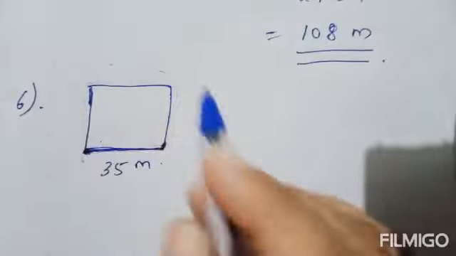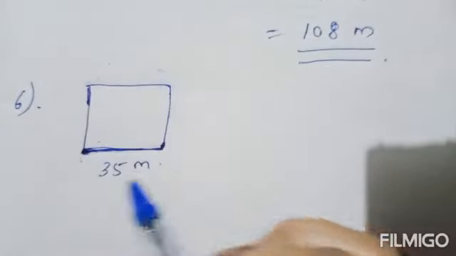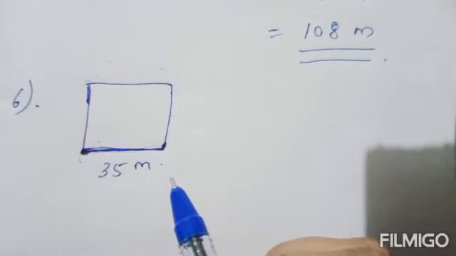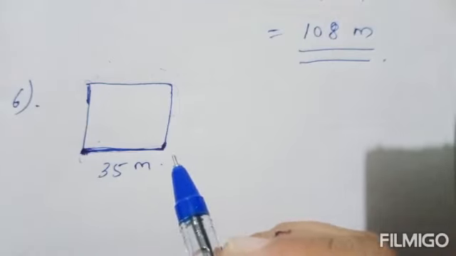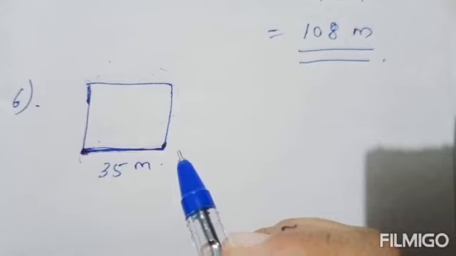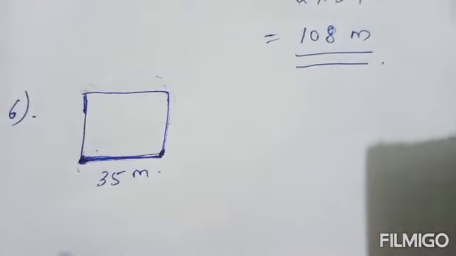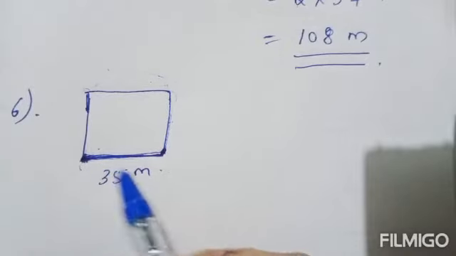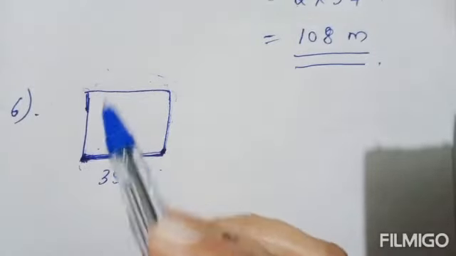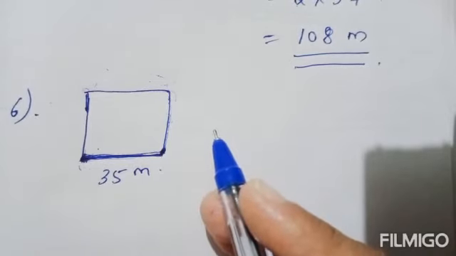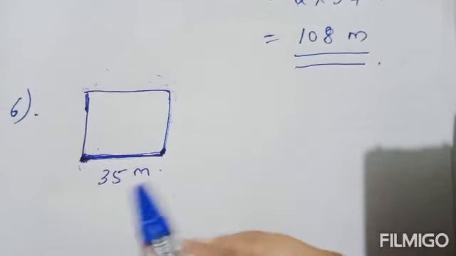After completing 3 rounds around the square field, what distance will the man walk? The total distance he walked in 3 rounds you have to find here. So if he walks 1 time around the square field, the distance he walks will be equal to the perimeter of the square.